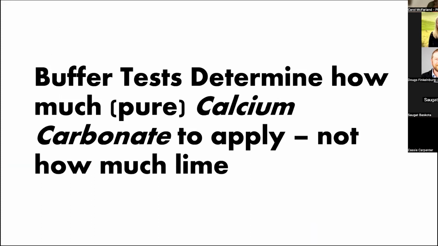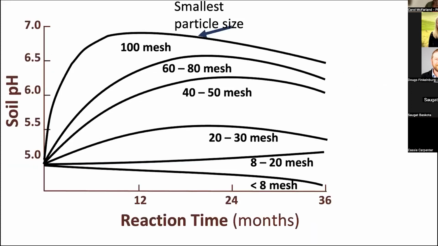So again, buffer tests determine how much pure calcium carbonate to apply, not how much lime. The presence of calcium carbonate in these different materials varies based on the product. And so you want to make sure you're understanding how much actual calcium carbonate is in a product and doing the math to make sure you're getting the right rate of calcium carbonate to match your buffer test lime requirement estimate.